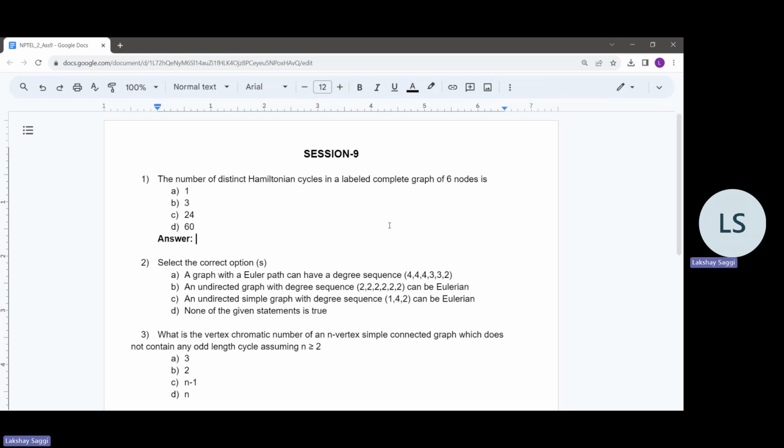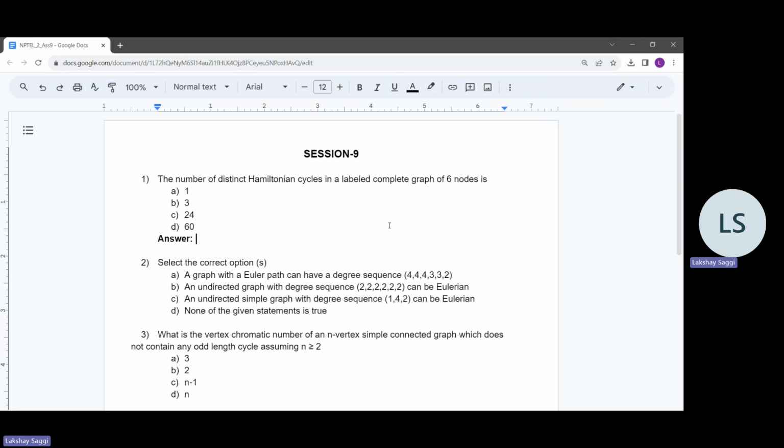So the first question asks for the number of distinct Hamiltonian cycles in a labeled complete graph of 6 nodes. The problem essentially says that we need to find the distinct Hamiltonian cycles. Hamiltonian cycles are the cycles which contain all the vertices of the graph, and the graph is a complete graph, so every pair of vertices has an edge between them.